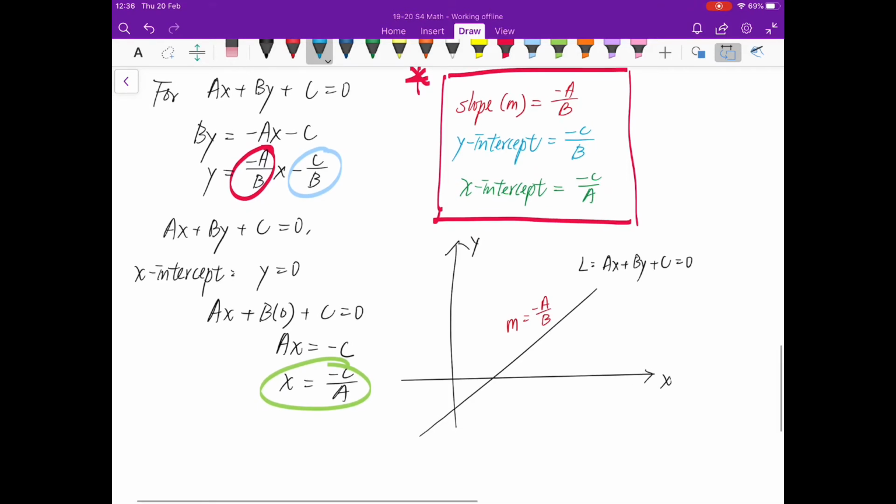And the y-intercept is the intersection between the y-axis and the straight line, so it should be in blue color, negative c over b. And finally, the x-intercept is the intersection between the straight line and the x-axis, so it is negative c over a.